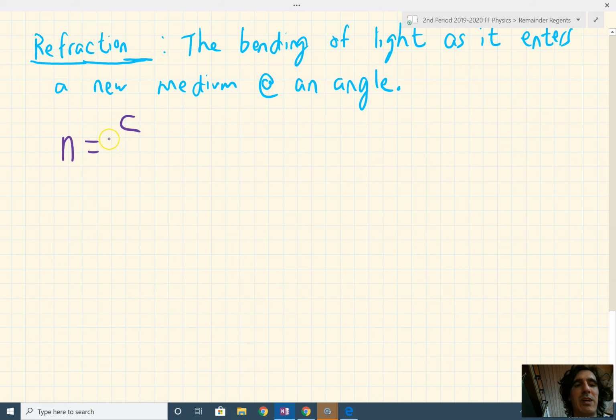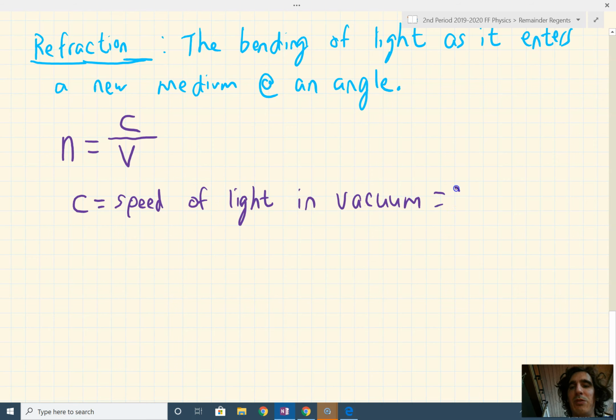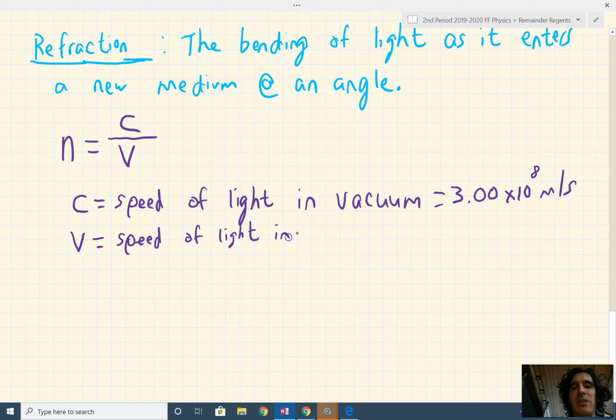So we already defined n, so we'll just redefine c as the speed of light in a vacuum, which is equal to 3.00 times 10 to the 8th meters per second. Decrease relative to a vacuum. So v, in this case, is the speed of light inside that medium, or inside the new medium.